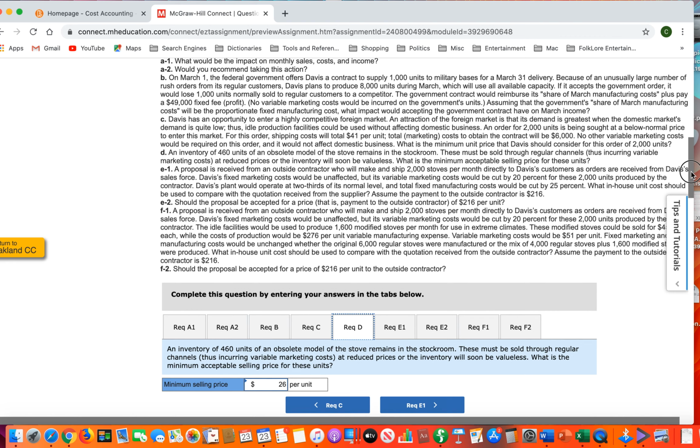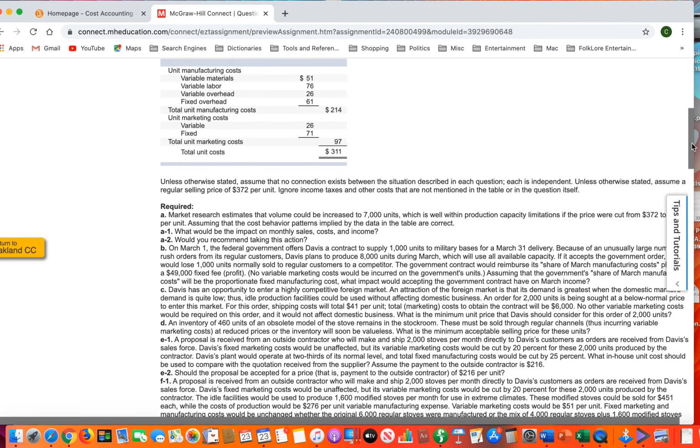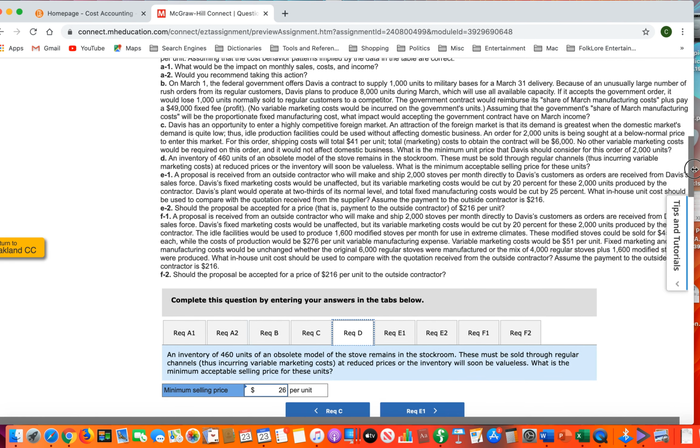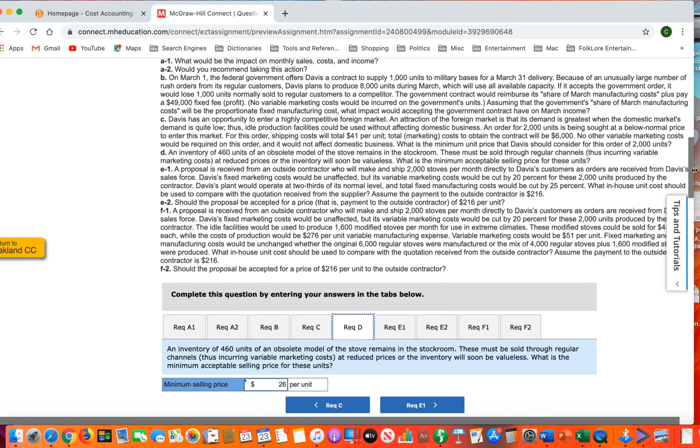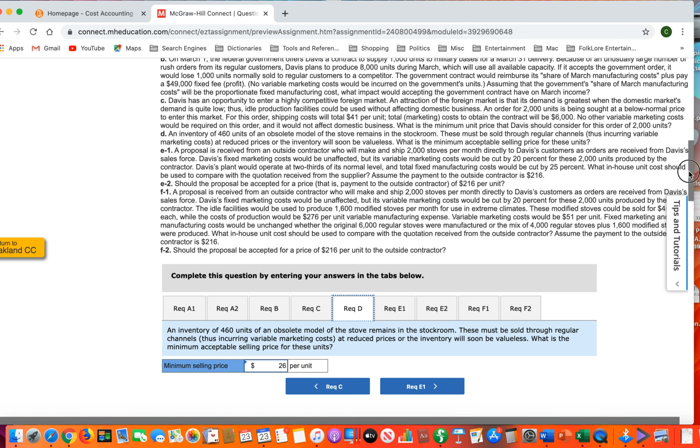Okay. All right. Let's go to E1. E1. A proposal is received by an outside contractor that will ship 2,000 stoves per month to your customers. Now, this also is rather tricky.